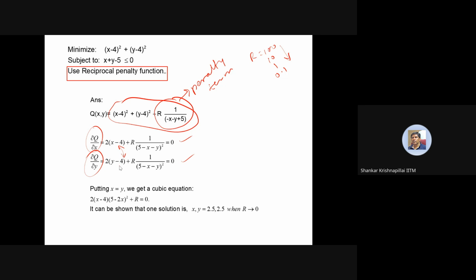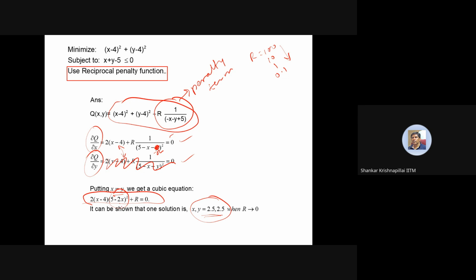So you can put x equal to y in this equation. So 5 minus 2x. You can ignore this and solve this. You will get a cubic equation. It can be shown that one solution is xy equal to 2.5, 2.5.